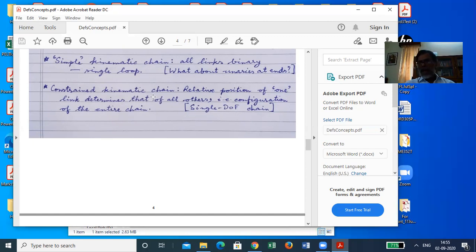We will encounter multi-degree of freedom chains many times and use them happily. So let us not be very bothered about this, but you should know what was the sense of some old author saying something, otherwise you will not get the sense correct.